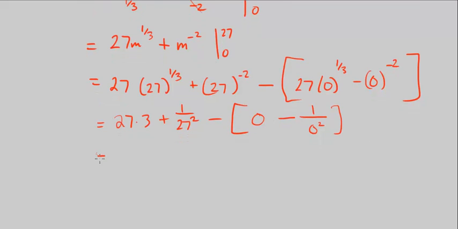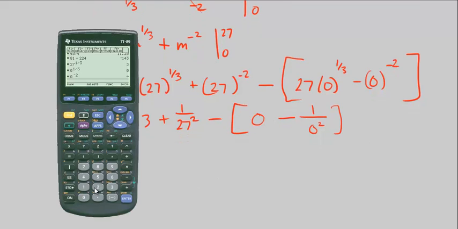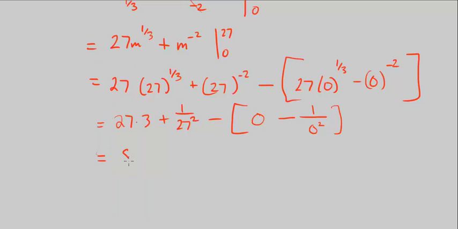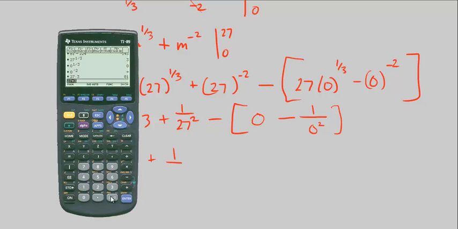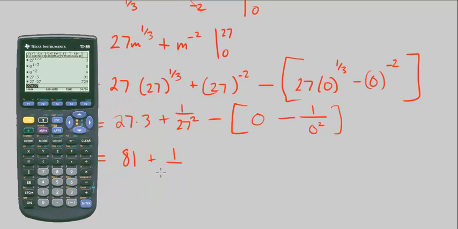So this is going to give us 27 times 3. 27 times 3 is 81. Plus 1 over 27 squared. 27 times 27 is 729. Minus, right, and then 0, negative 1 over 0 squared.